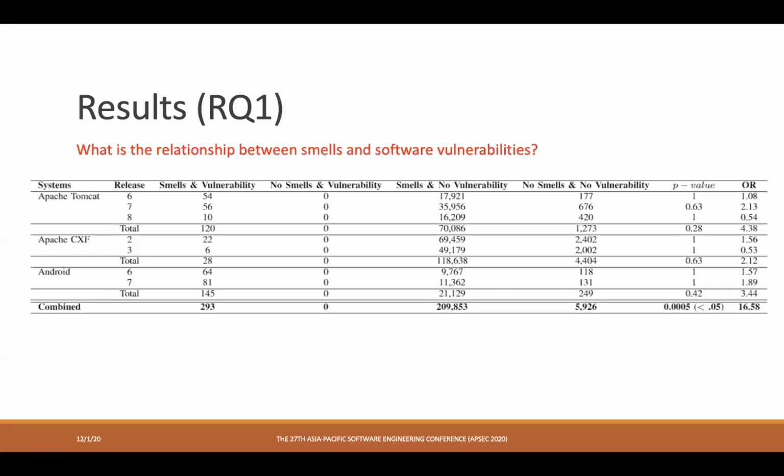In our case, we got an odds ratio higher than 1 for almost all of the versions except Apache Tomcat 8 and Apache CXF version 3. That means there is a high likelihood that vulnerability will exist if code smell exists.